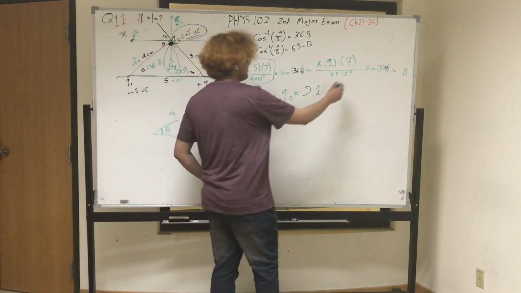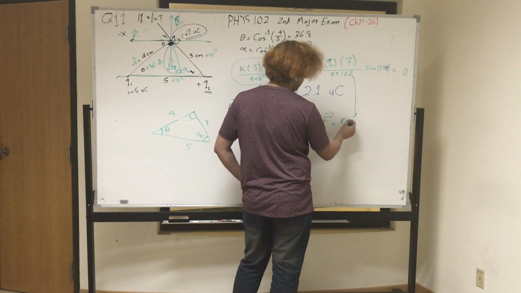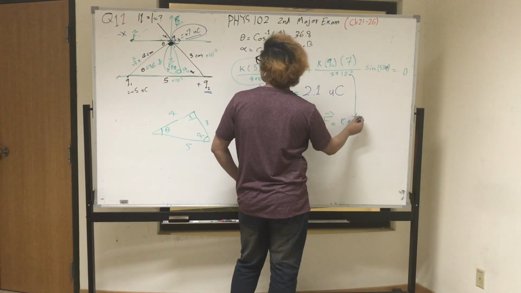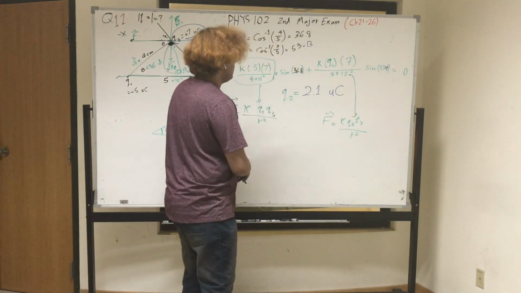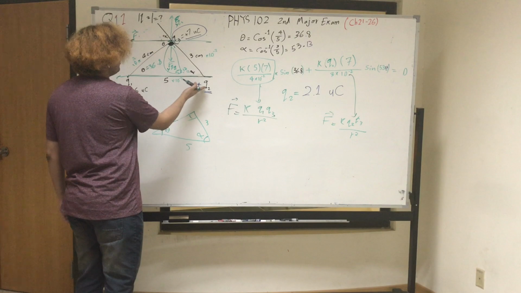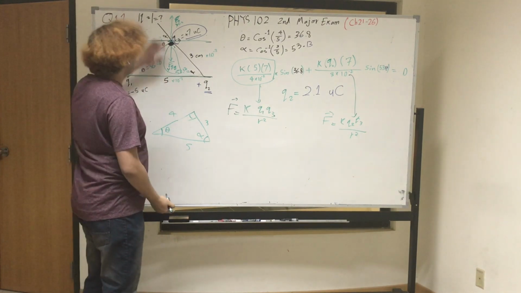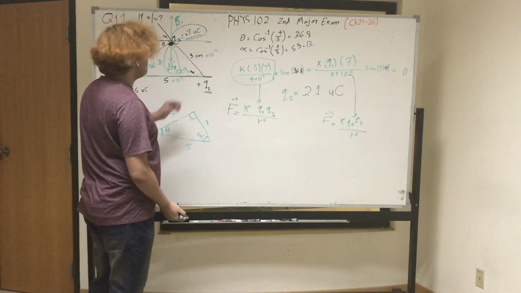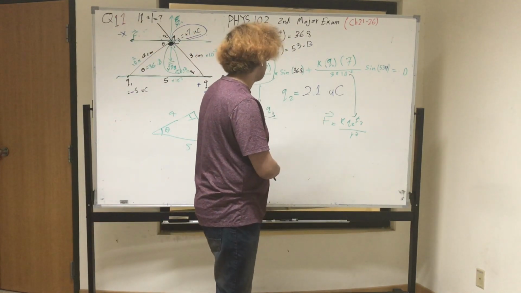We do the same exact thing. Force from Coulomb is equal to k, Q2 times Q3 over the distance between them squared, and that gives you the force from Q2 on Q3. If you want the y component of that force, you have to multiply the force by sine of 53.